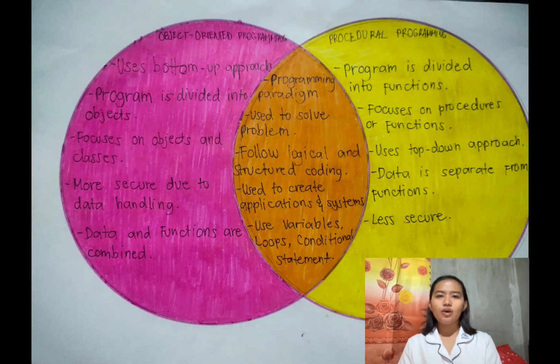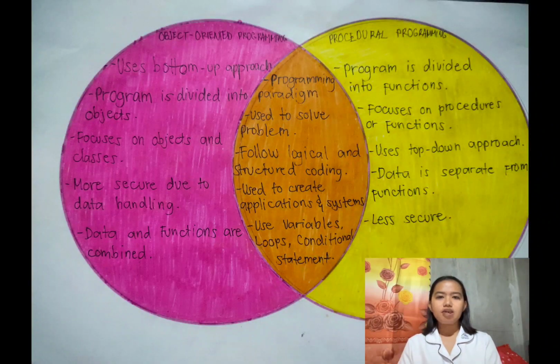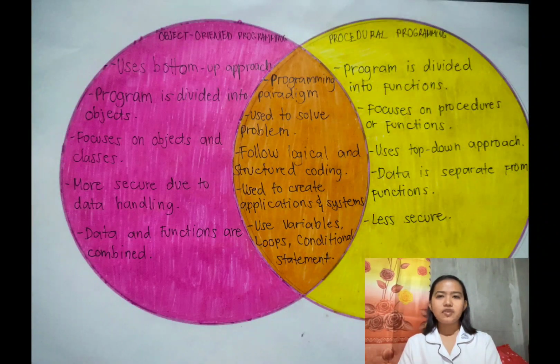Because of this, OOP is considered more secure and flexible. It is commonly used for large and complex systems such as software applications and enterprise systems. Some examples of object-oriented programming languages are Java, C++, and C#.